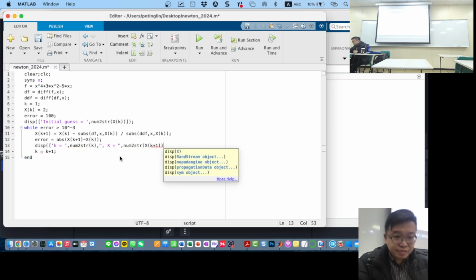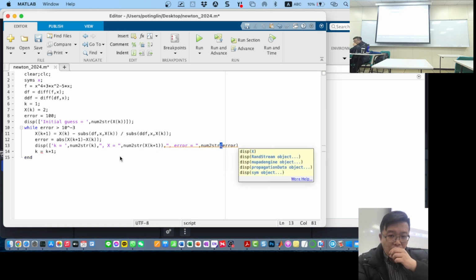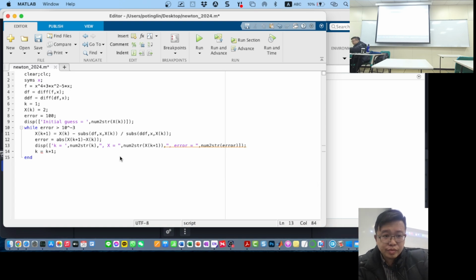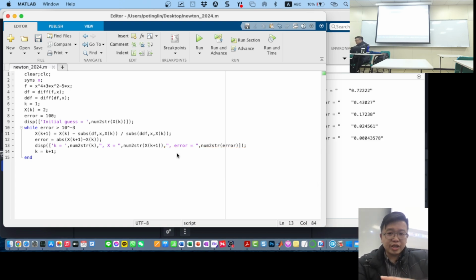Show the function value, x value. And then I will show you the error. Error equals number to string error. Run it.